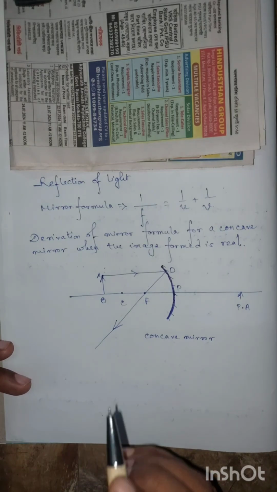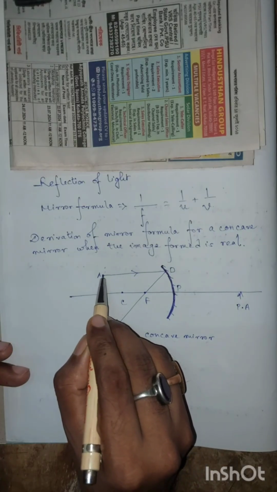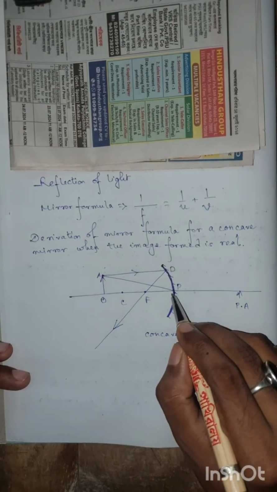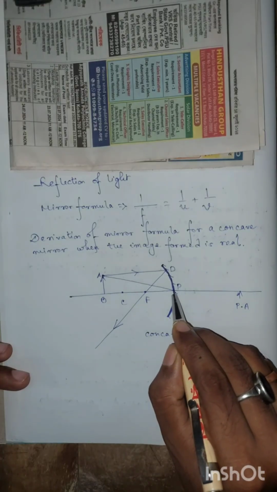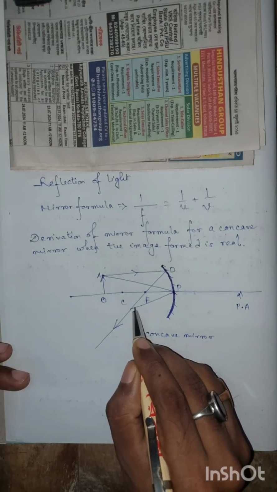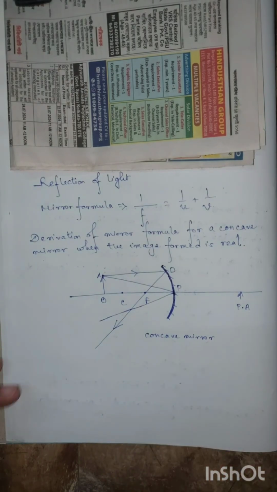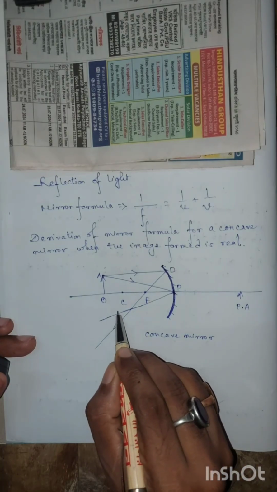Another ray, let us take another ray which strikes the pole, and after striking the pole, it passes like this. So this is our second ray.